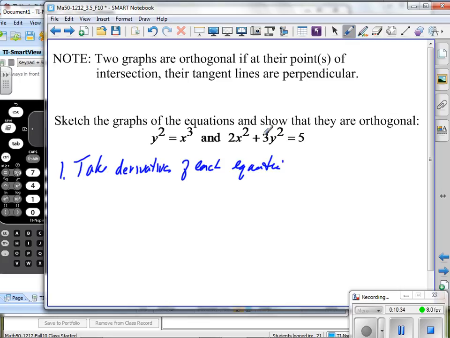Could each of these be written as explicit? Yeah, I could say y equals plus or minus the square root of x cubed, and over here I could do that. So yeah, I could, but then it'd be plus or minus, and so by how we see these, these are not functions. Okay, so take the derivatives of each, and then do what?